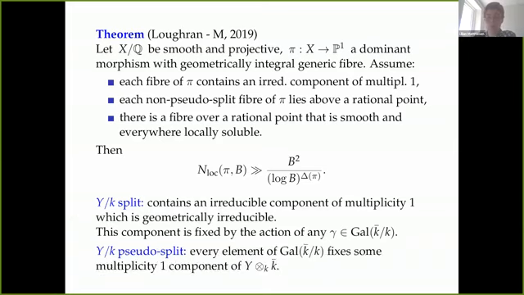If you weaken this notion, you arrive at the notion of pseudo-splitness, which means that every element of this Galois group fixes some multiplicity 1 component of the variety viewed over its algebraic closure. That means making an assumption about non-pseudo-split fibers is actually a weaker condition than making an assumption about non-split fibers.